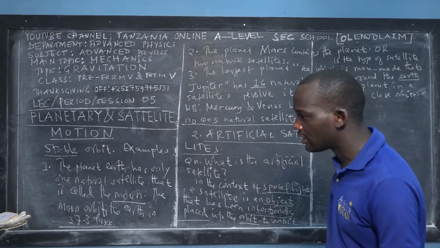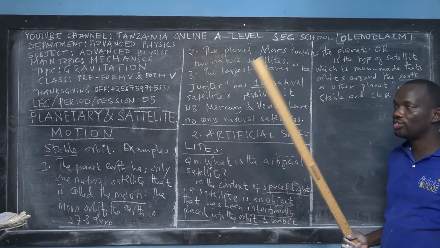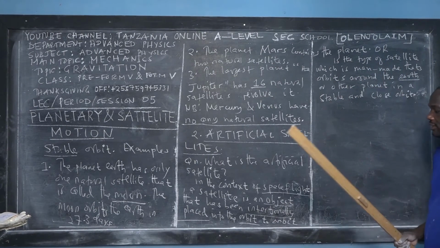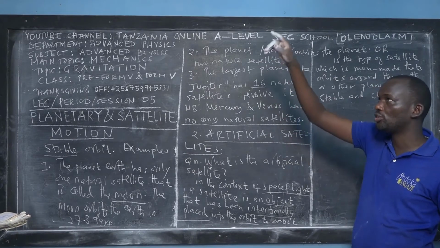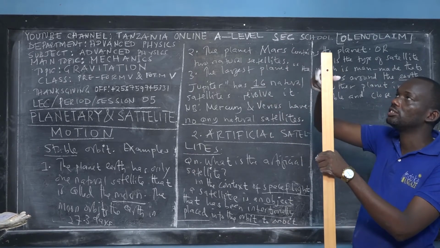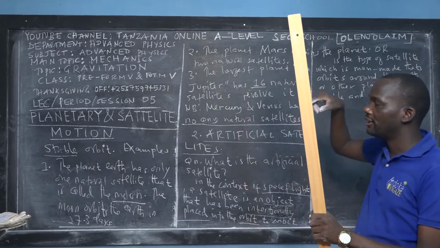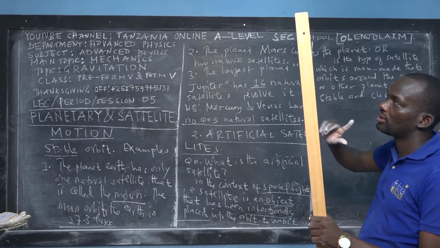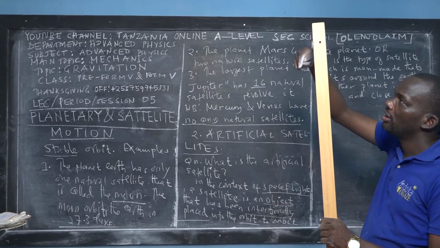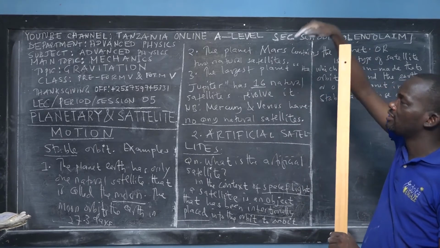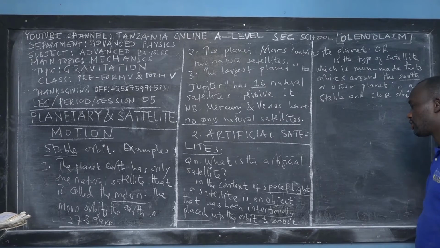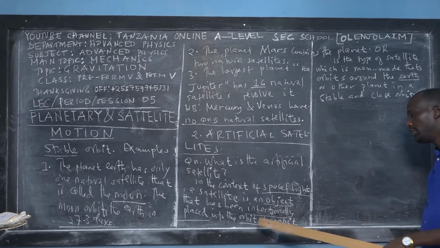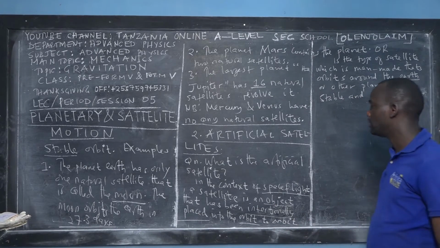Suppose this is the Earth, or another planet. We take these artificial satellites and place them into orbit, and the main purpose is just to orbit the planet, such as Earth or Mars. It depends on which planet you are placing the artificial satellite around.